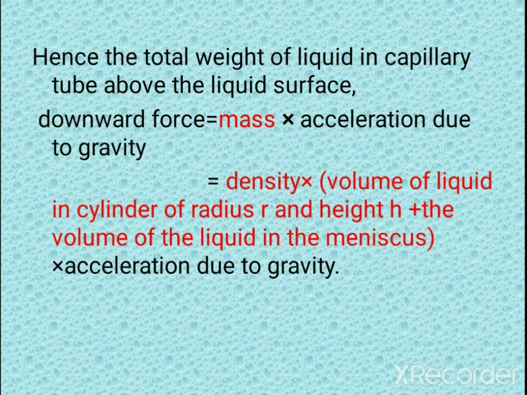So some liquid in the cylinder and a small or negligible liquid in the meniscus, but we are not neglecting that liquid, because we get the equation for the volume of the liquid in the meniscus, that is pi r cube by 3. So again, the downward force is equal to density into volume of the liquid in the cylinder plus volume of the liquid in the meniscus, into acceleration due to gravity.